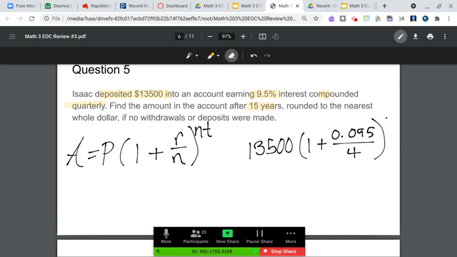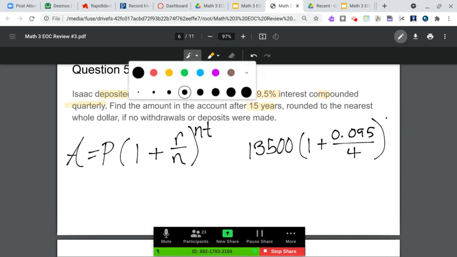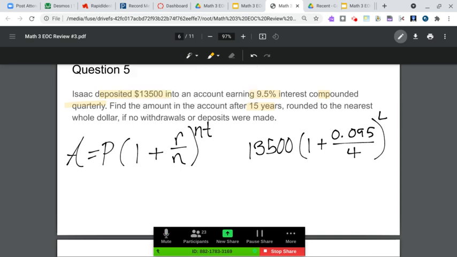Let me fix that: 4 times 15. Okay, n times t.